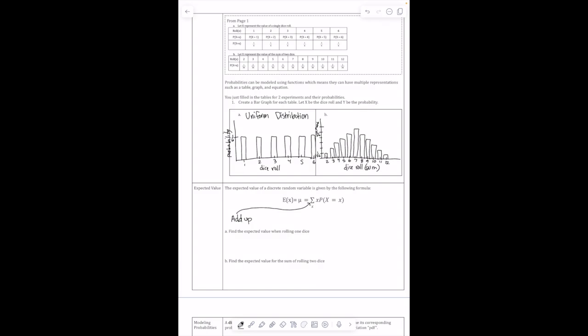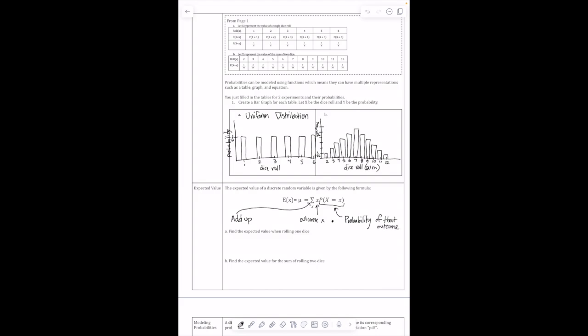And what we're adding up is the probability of x, so our outcome, little x, times the probability of that outcome.